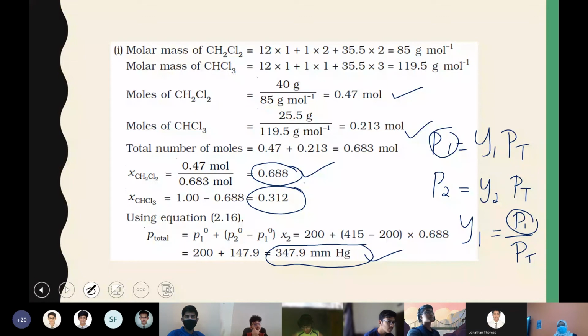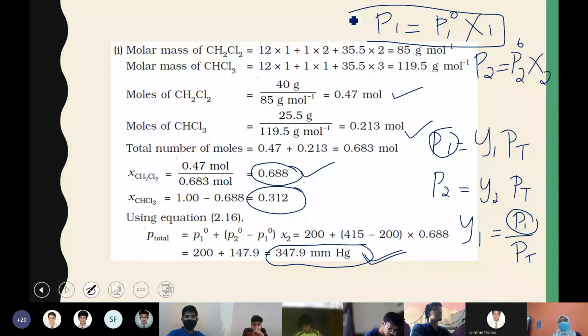Okay, ma'am. Right. So here to calculate Y1 and Y2, we already know P total, but P1 and P2 are not given in the question, nor calculated. So first you need to calculate P1 and P2 using Raoult's law equation. P1 is equal to P1 not chi1, and P2 is equal to P2 not chi2. Use these two equations and calculate P1 and P2.